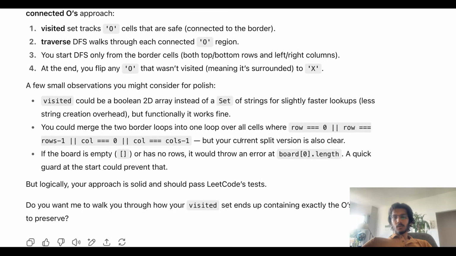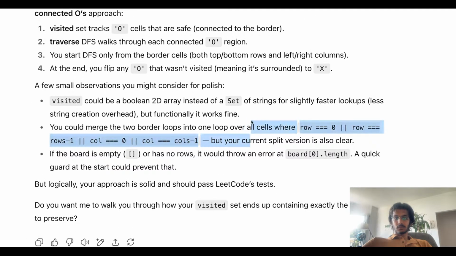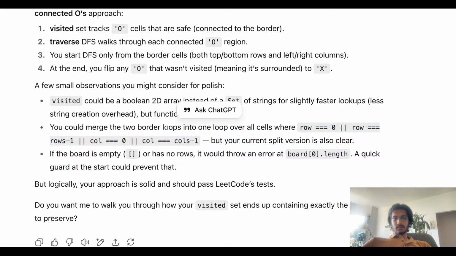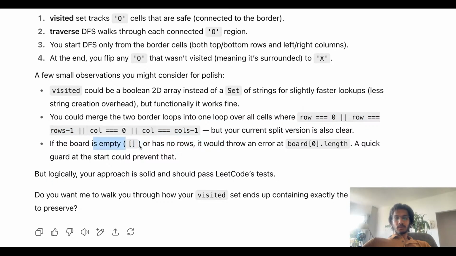One loop over all cells. Interesting. But the board is empty.